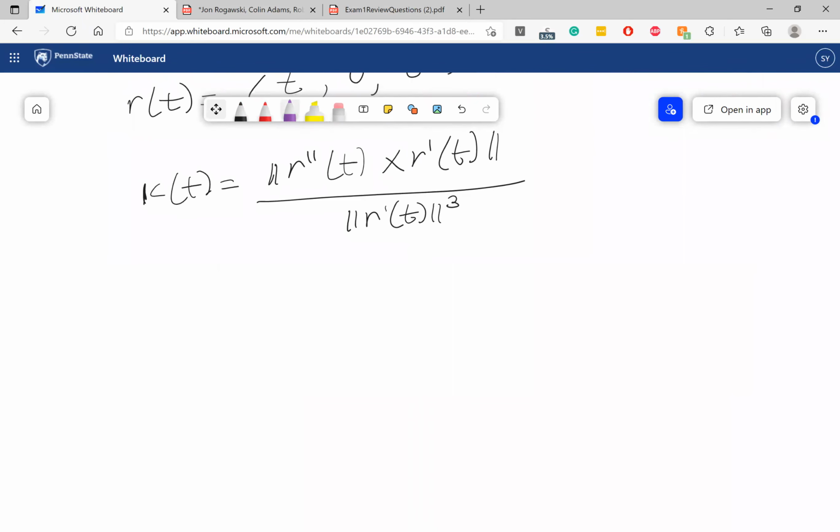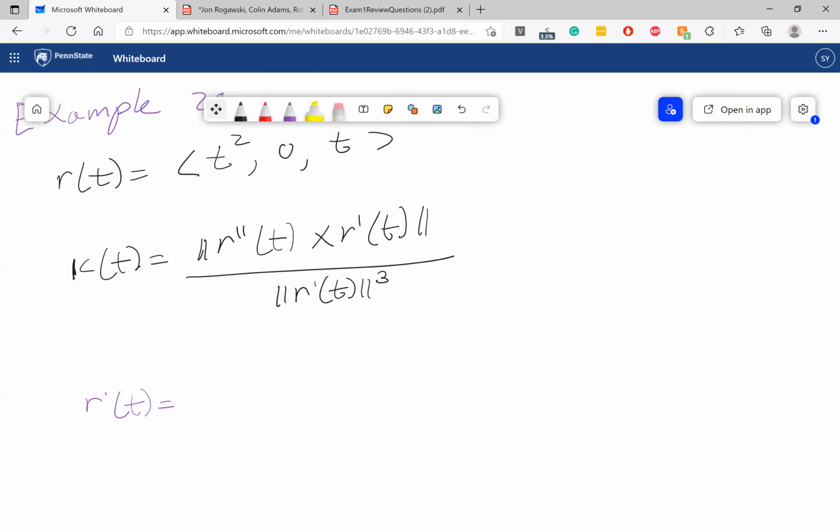One way to see that it would be more beneficial to use the cross product formula here is that when you start taking the derivatives of this r of t, the t will disappear in r double prime, and you're going to get some constants.